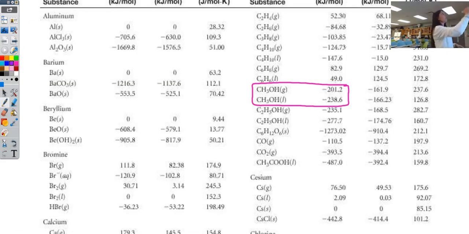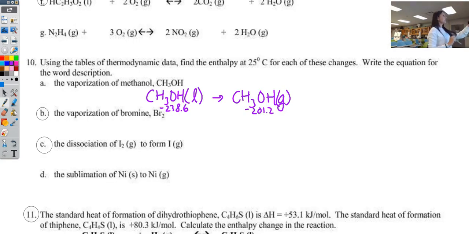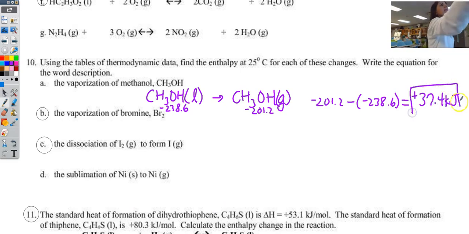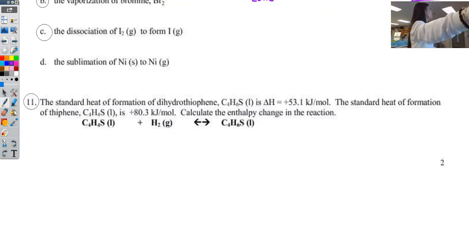I've got negative 201.2 for the gas and negative 238.6 for the liquid. So negative 201.2 minus a negative 238.6 gives me positive 37.4 kilojoules. Again, that's for the reaction, for 1 mole.